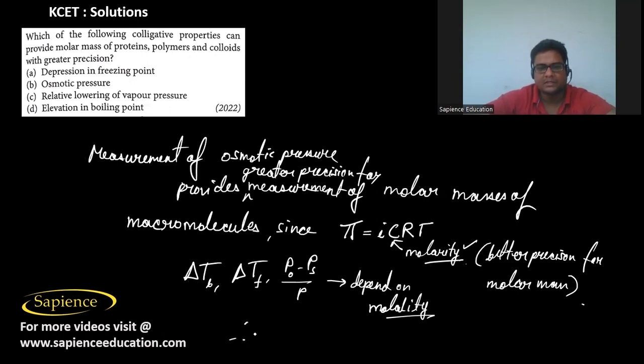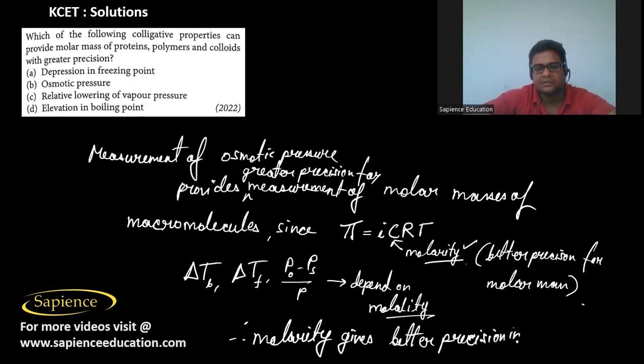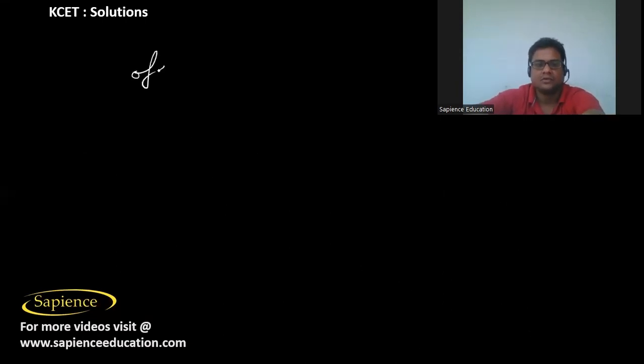So the rule is that molarity gives better precision in the measurement of molar mass than that of molality.